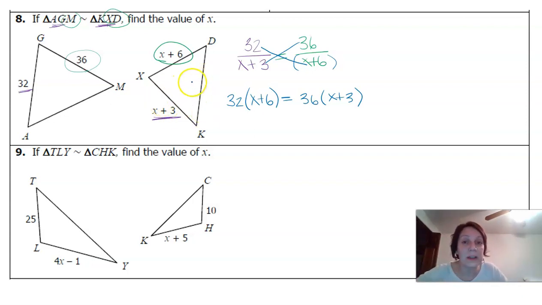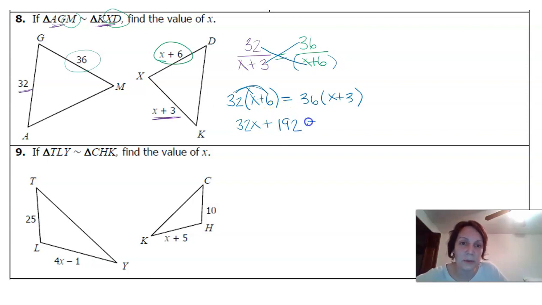Now I have an equation I can solve, but it's not going to be real quick because we have two distributions to do. On the left, if we do our distribution, we have 32x plus 32 times 6, which I just figured out is 192.